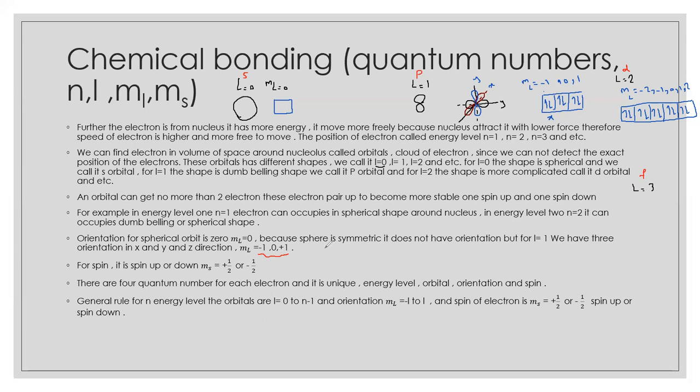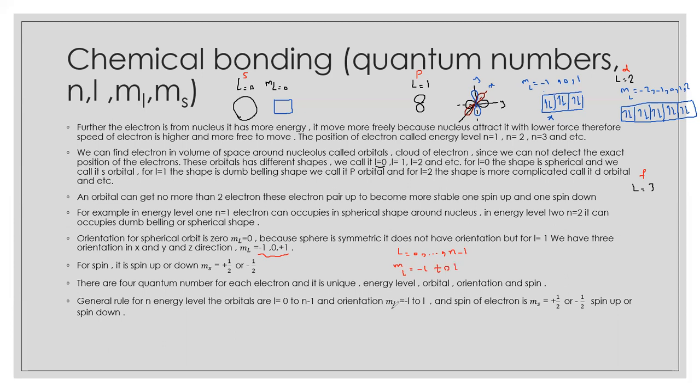The rule for l is that l is going to be from 0 to n-1. ml is from -l to l.